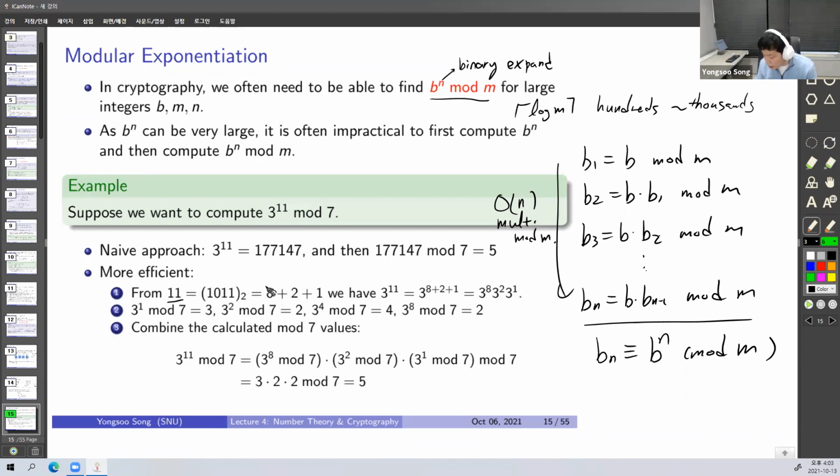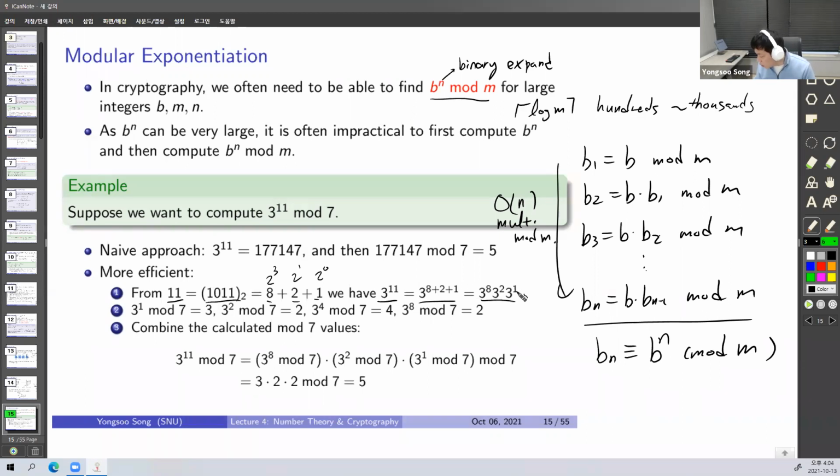So for example, when you compute 3 to the power of 11, the binary expansion of 11 is 1, 0, 1, 1, which is 8 plus 2 plus 1. So this is 2 to the 3, 2 to the 1, and 2 to the 0. We represent 11 as a sum of these different powers of 2, and this is equal to this.